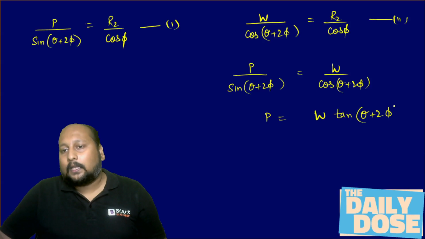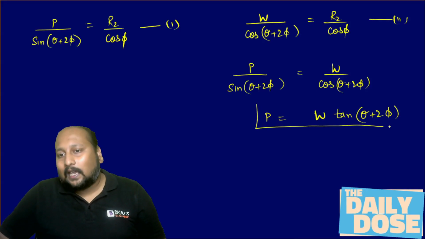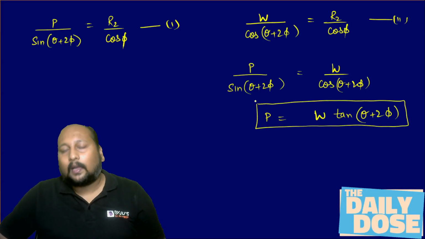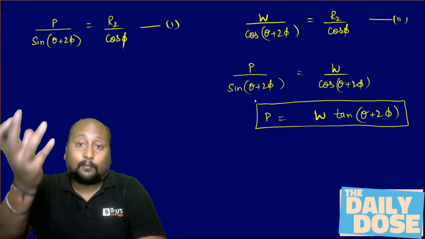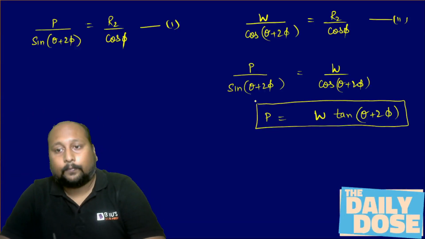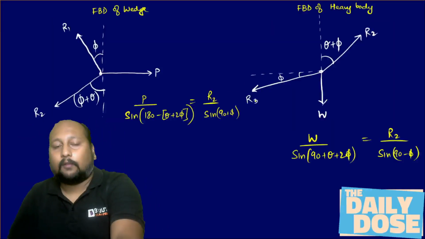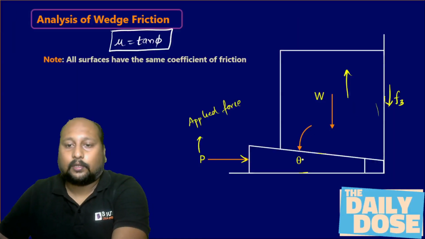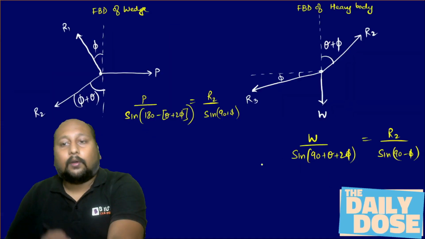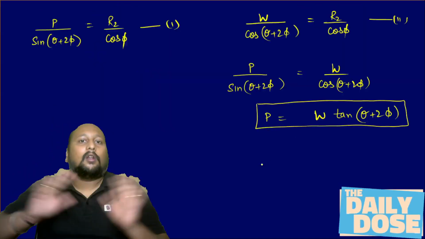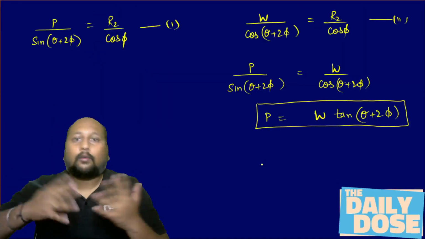By this way, we have easily calculated the magnitude of the applied force if W is the weight of that heavy object, provided we know the angle of friction and the wedge angle. Now this formula cannot be directly applied to all cases.